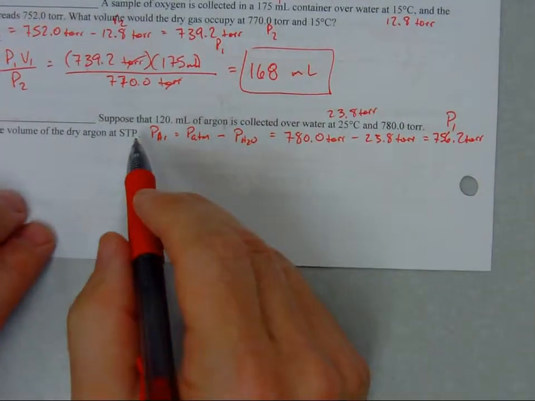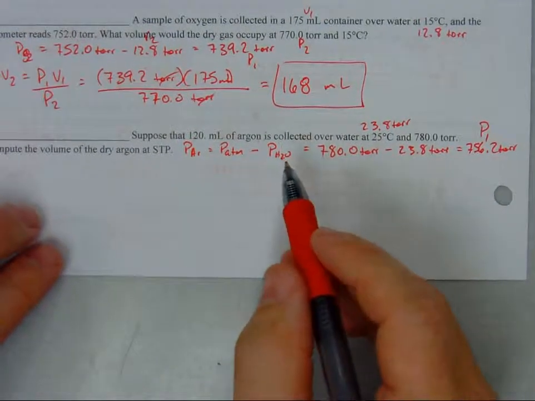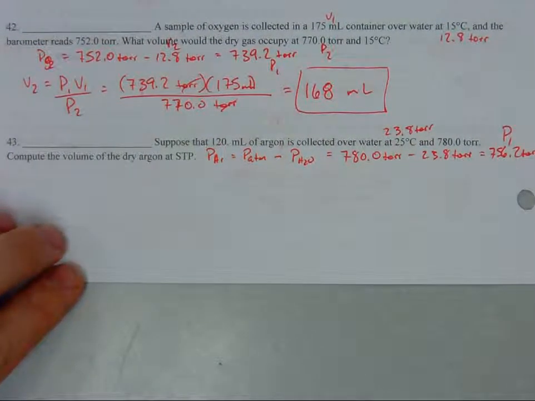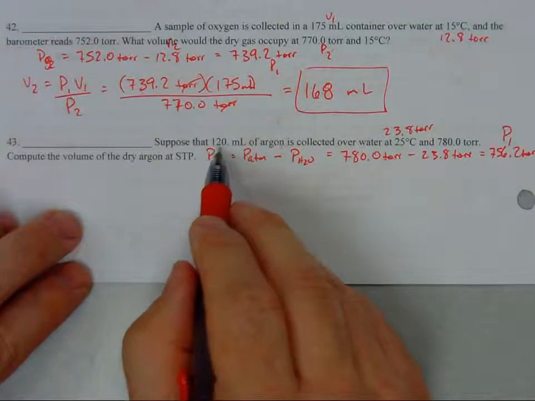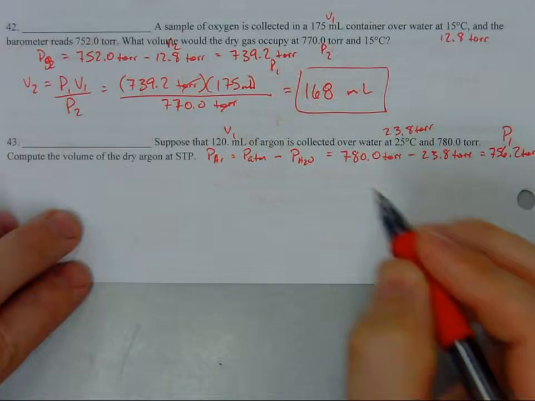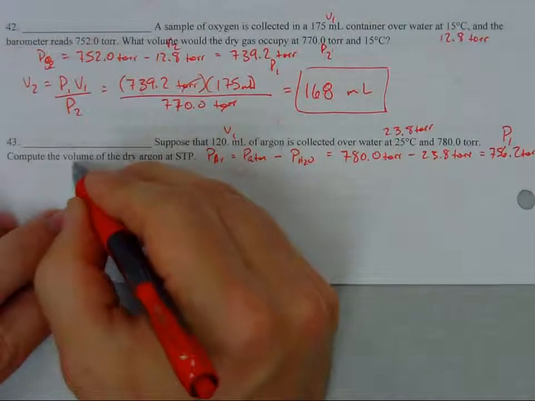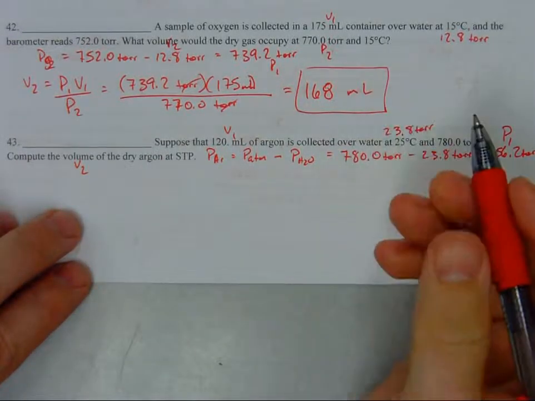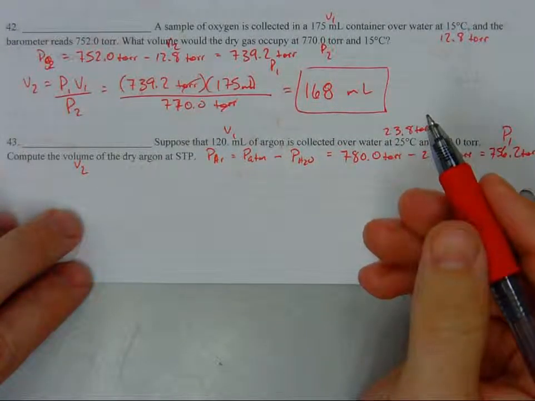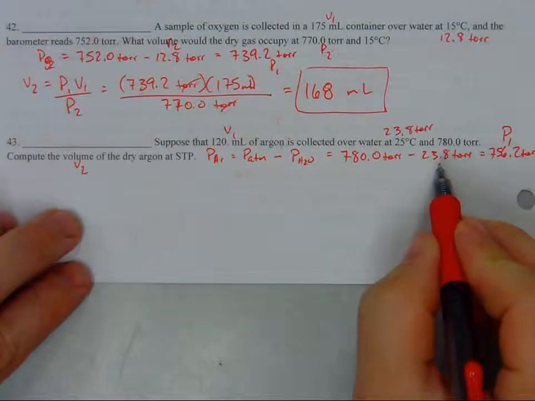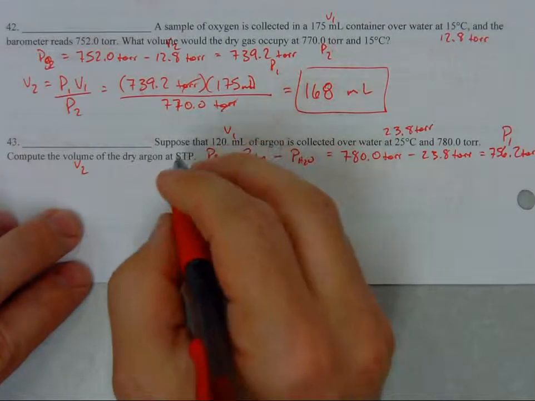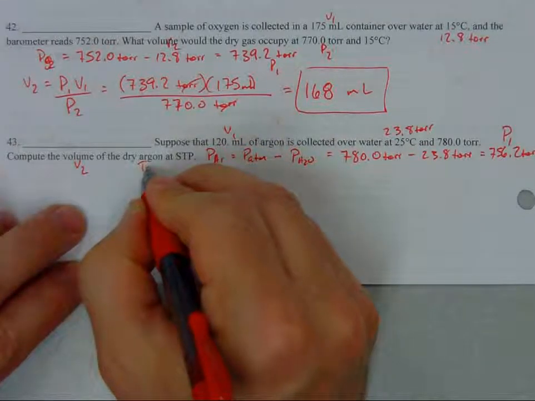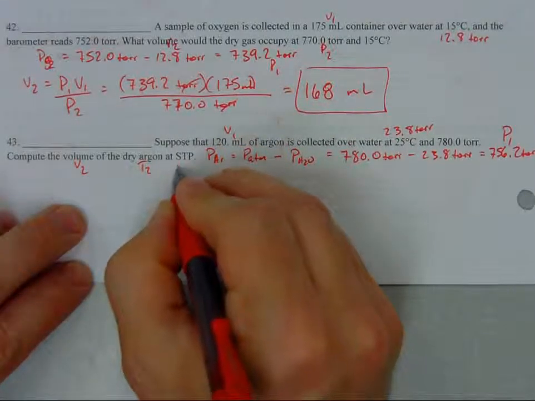Now let's look at what the question gives us so we can figure out which gas law to use. So we have V1. Compute V2. So we're going to have to use a gas law that has V1 and V2 in it, obviously. We also have STP, standard temperature and pressure, so we have a T2 and a P2.